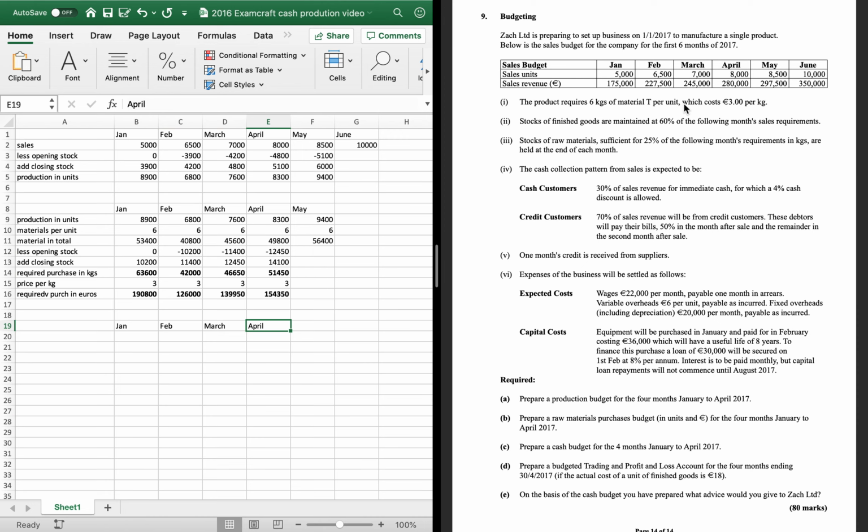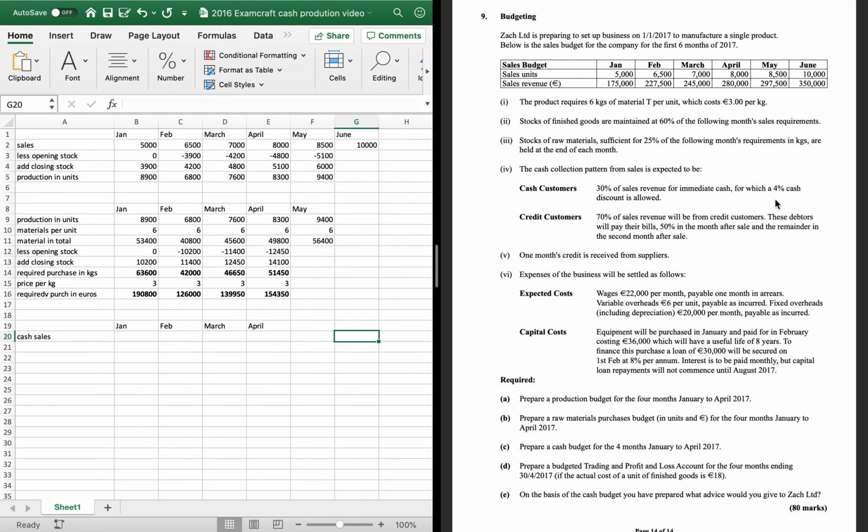So part C is prepare a cash budget for the 4 months, January to April. So cash budget, we've got our receipts and our payments. Our receipts are our cash collection from sales. It tells us 30% of sales is for immediate cash. So cash sales, 30% of sales, where a 4% cash discount is allowed.